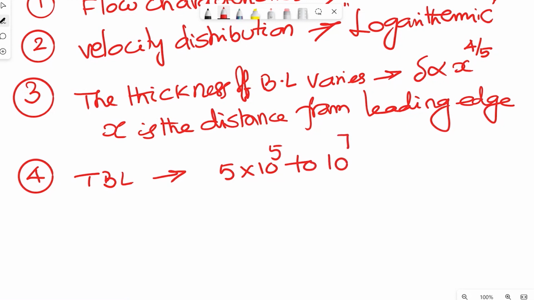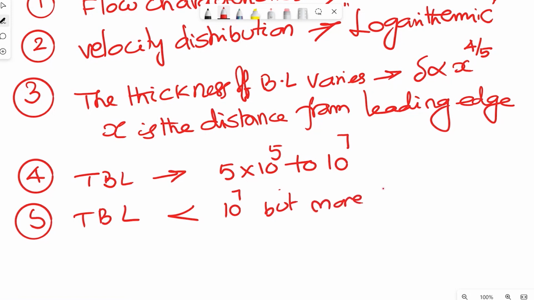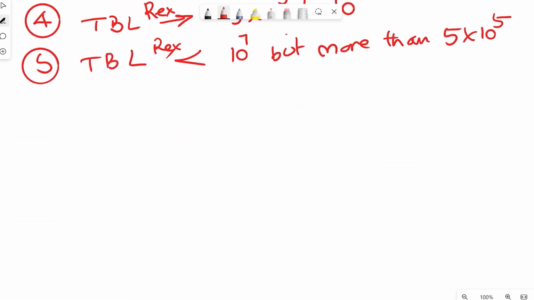So the turbulent boundary layer exists as long as the Reynolds number is less than 10 to the power of 7, but more than 5 into 10 to the power of 5, basically. This is basically the Reynolds number, right? This is one. The next regular point.